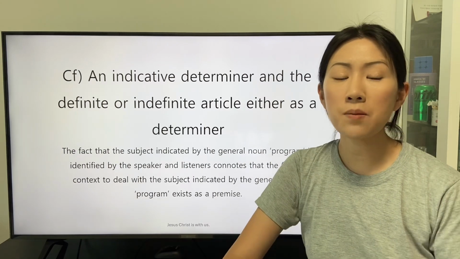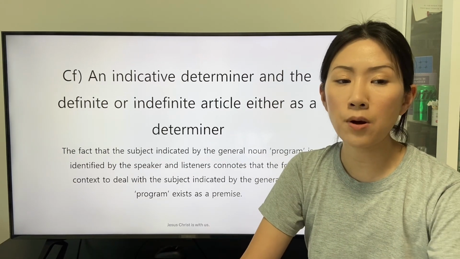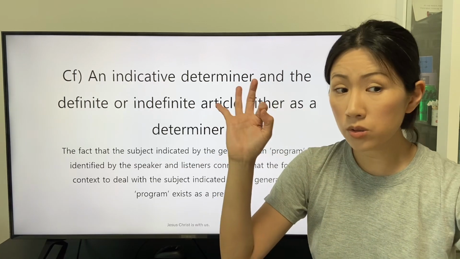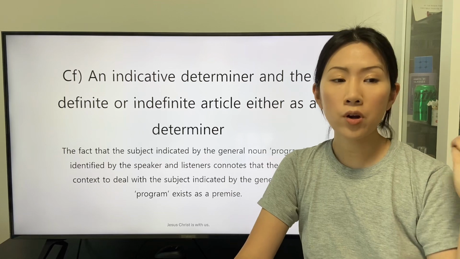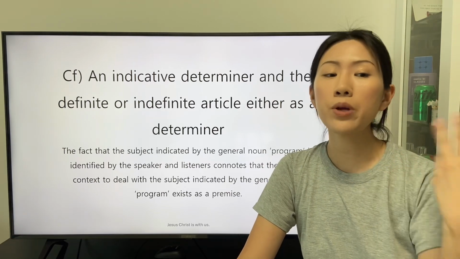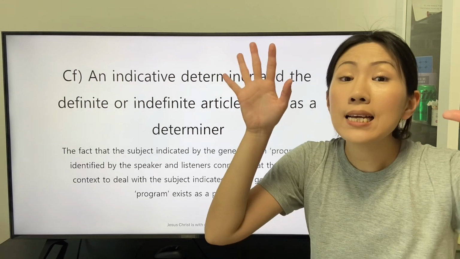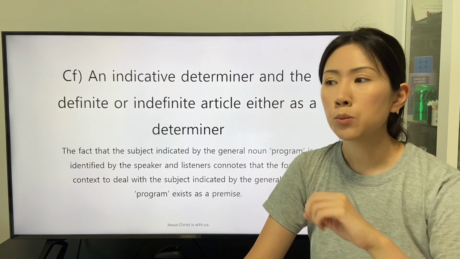The fact that the subject indicated by the general noun program is identified by the speaker and listeners connotes that the former context to deal with the subject indicated by the general noun program exists as a premise.